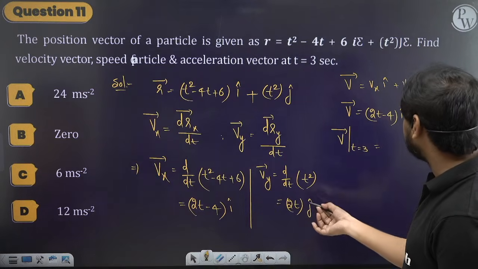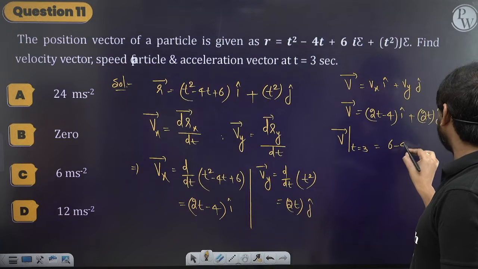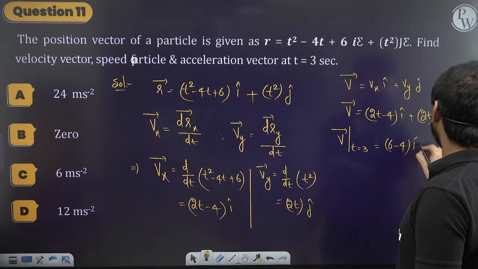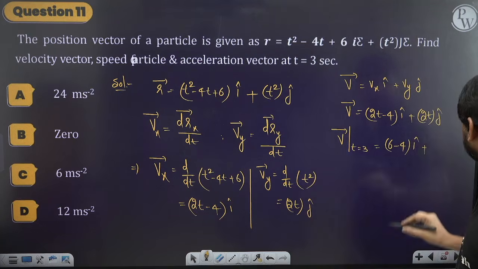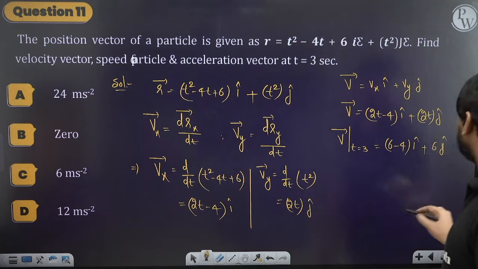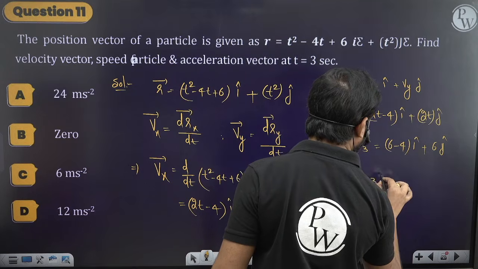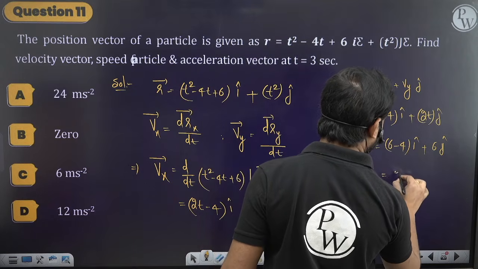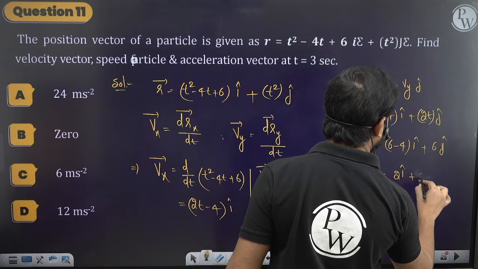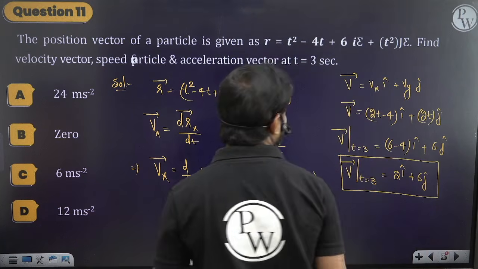So 2 into 3, 6 minus 4 I cap, plus 2 into 3, 6 j cap. Therefore the velocity vector at t equals 3 is 2 I cap plus 6 j cap. This is the velocity vector.